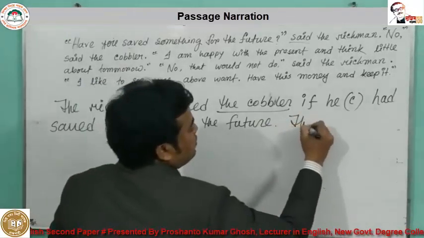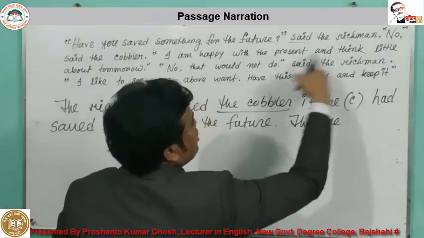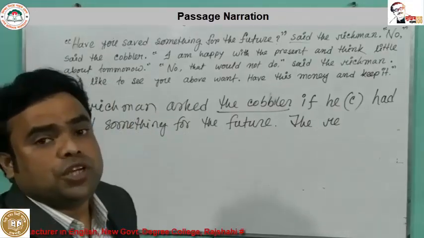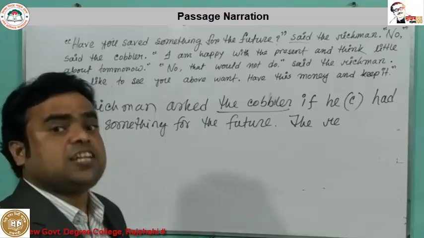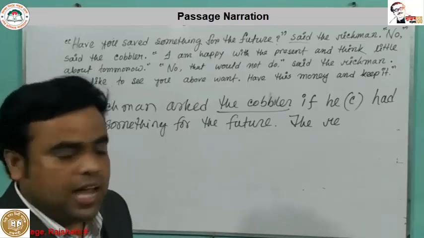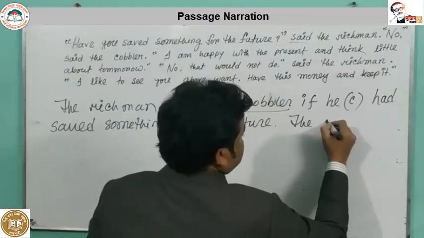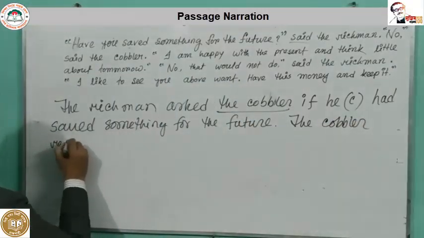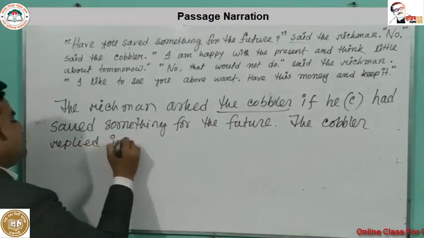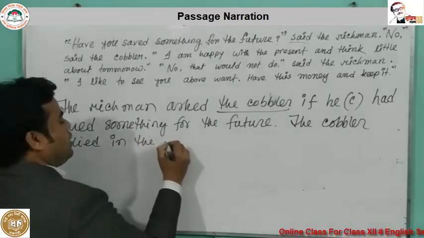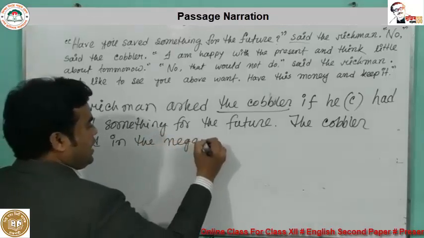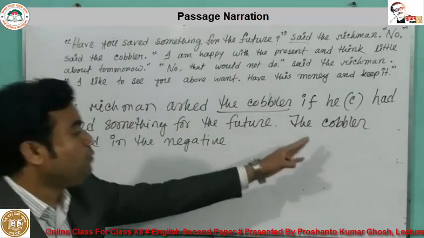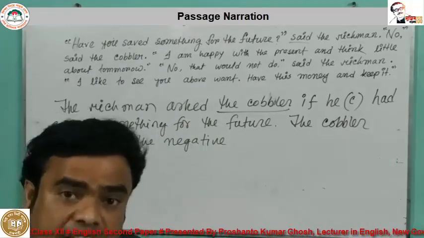Okay? Now, "No," said the cobbler. The cobbler replied. We have already learned that instead of no, you have to use reply in the negative, and instead of yes, you have to use reply in the affirmative. The cobbler replied in the negative, or you can use it this way: the cobbler replied negatively.